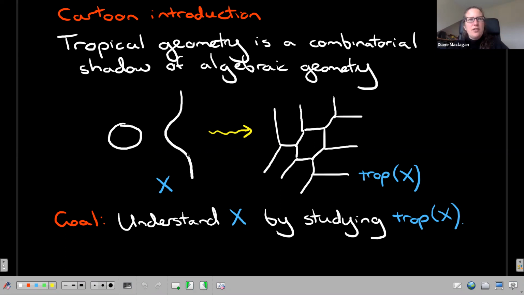So this is a picture of an elliptic curve. This is a tropical elliptic curve. And the sort of things you might want to understand: curves are, at least to an algebraic geometer, one-dimensional, and this is some one-dimensional object. You might know that an elliptic curve topologically is a torus.